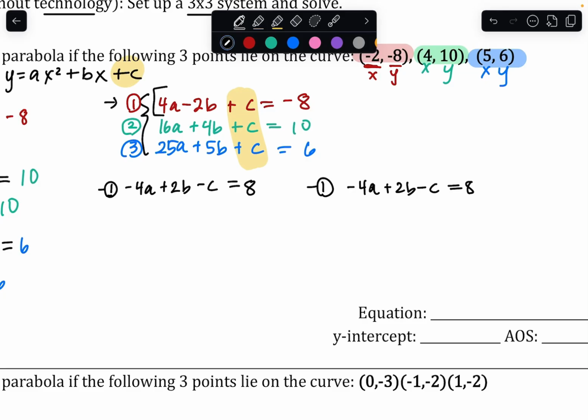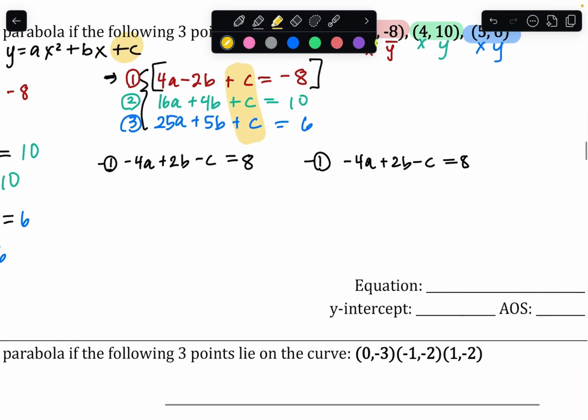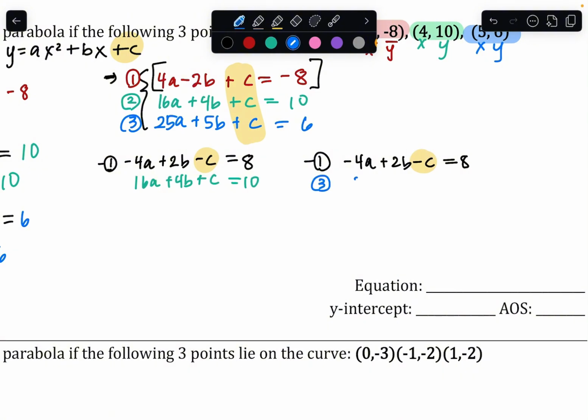Just imagine distributing a negative to every single one of those. The reason I did that is because now I have a negative c, so all I have to do is copy the other equations. Equation 2 is 16a plus 4b plus c equals 10. Equation 3 is 25a plus 5b plus c equals 6. In both situations, the c's are going to cancel.